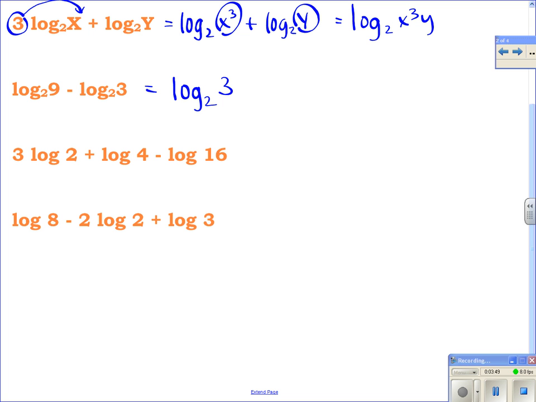All right, this one has a number out front, so it's really up there, so 2 cubed. So I'm going to just rewrite this as log 8. And I didn't change anything else.